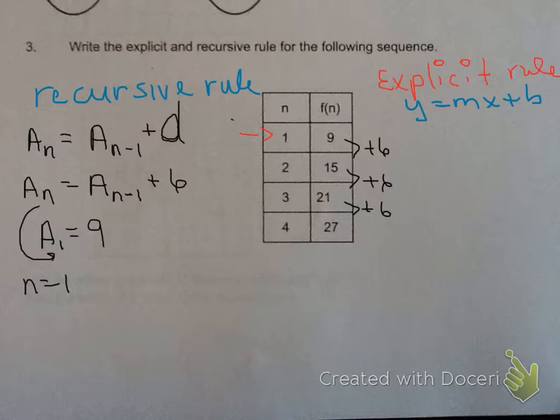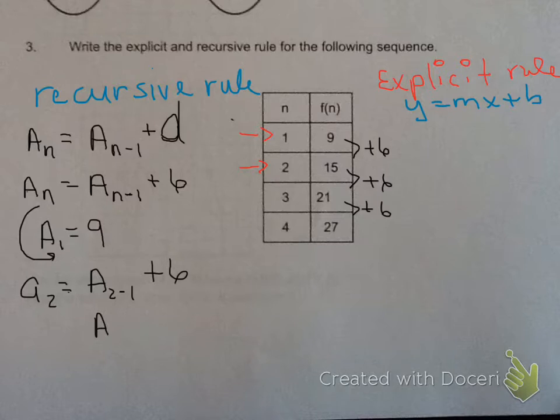Now we take n and put a 2 in the n spot. Watch how I do this. I'm going to put a little 2 in there, and then a of 2 minus 1 plus 6. What's 2 minus 1?